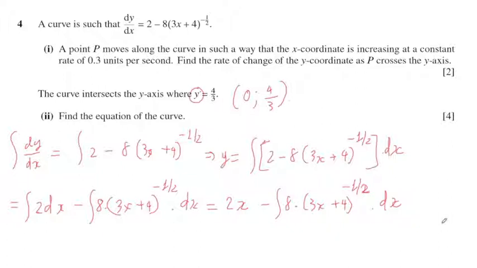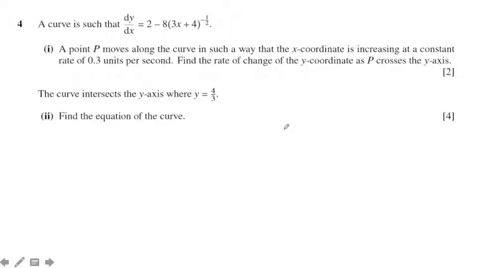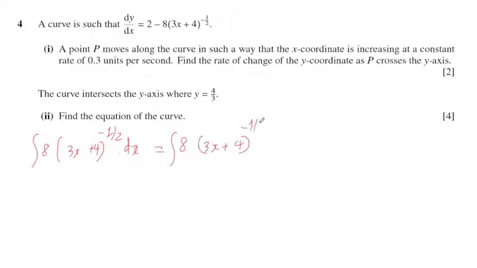Okay, here is my way. I will calculate the integral of (3x plus 4) to the power of 1.5, dx separately. I will change dx to d of 3x, which means I have to multiply by 3.